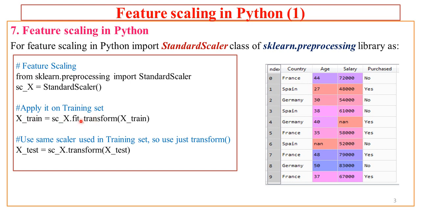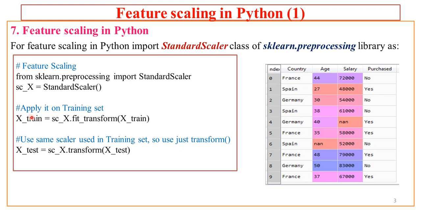So here we need to just call fit_transform, and that will apply the StandardScaler to this training set. So whatever training dataset we had, to which we were referring using x_train, will be taken by the fit_transform method, and after the change, whatever new matrix we get will be referred by x_train.